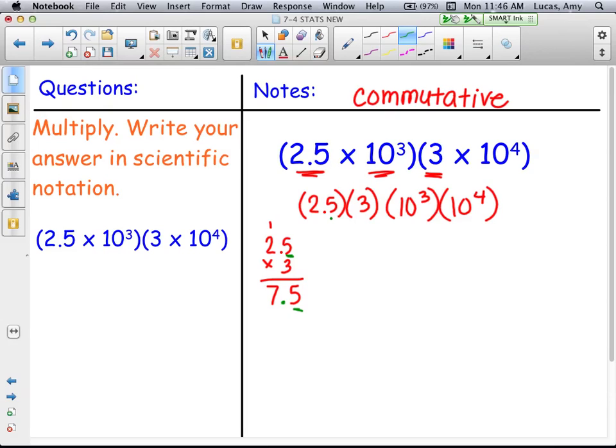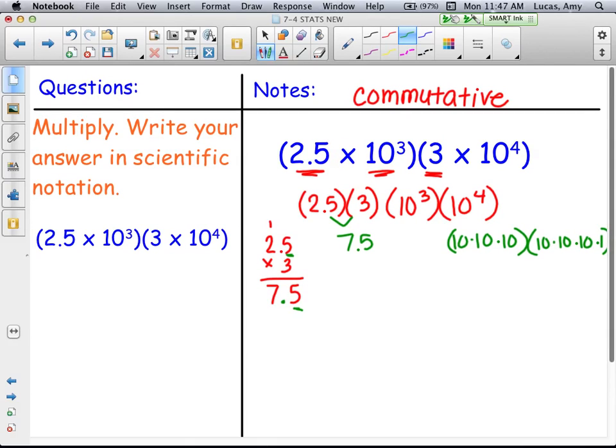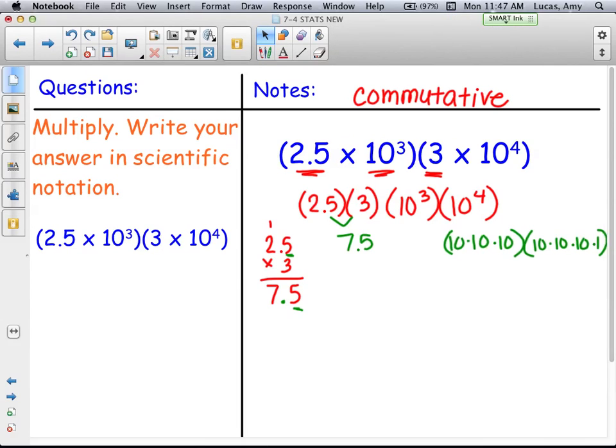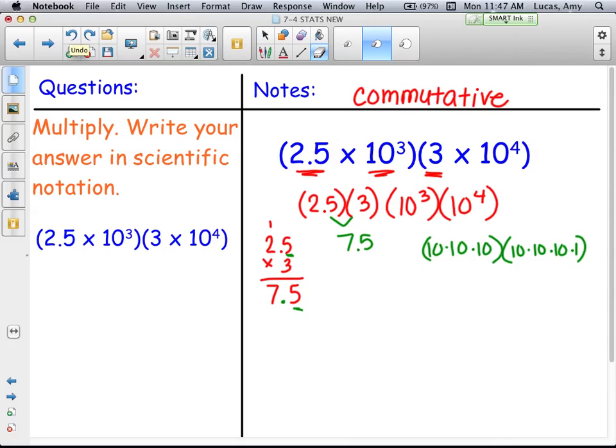So 7.5. And then remember what we learned when we're working with powers. 10 to the third power times 10 to the fourth power. We learned that we could add together those exponents. Just in case you forgot why, I've expanded it for you.